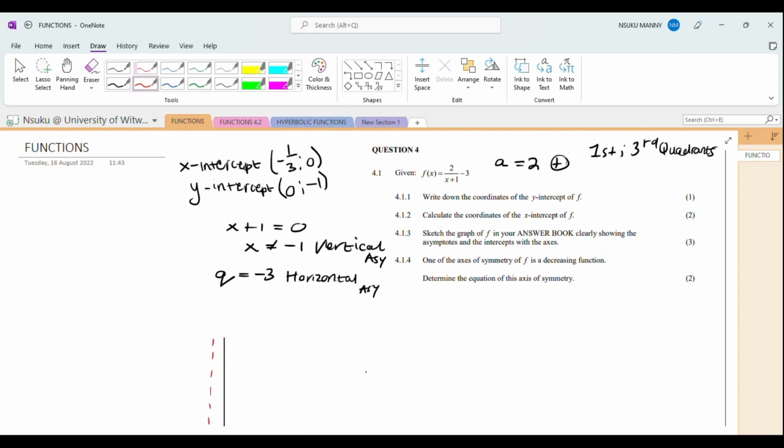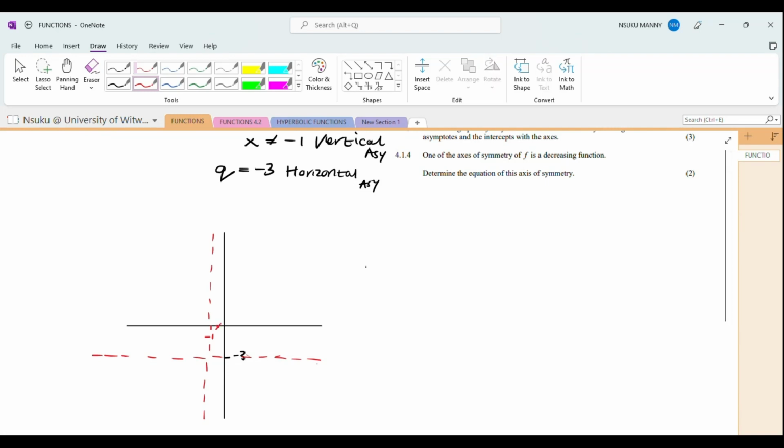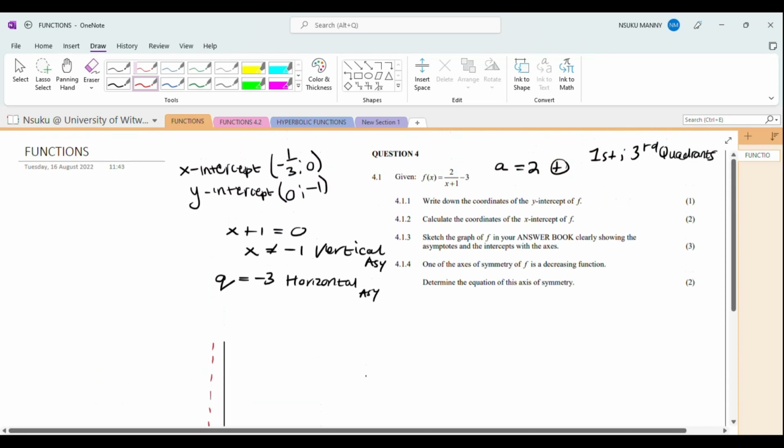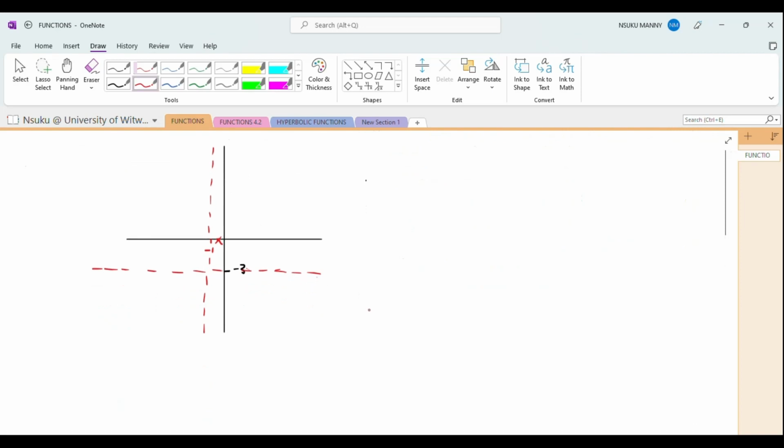The first x-intercept was -1/3 and 0, which will be somewhere around here. Let's just put a cross. Then our other intercept is 0 and -1, which will be somewhere around there.